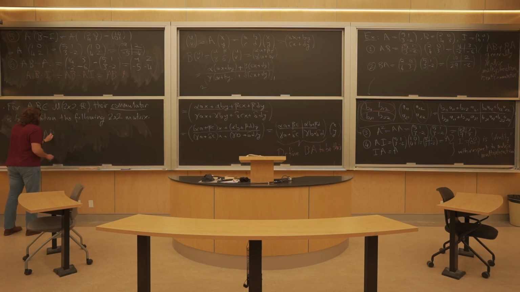I'm just going to take AB, subtract from it BA. And the specific notation for this is open square bracket, A comma B, close square bracket.